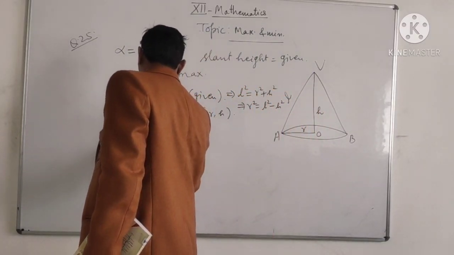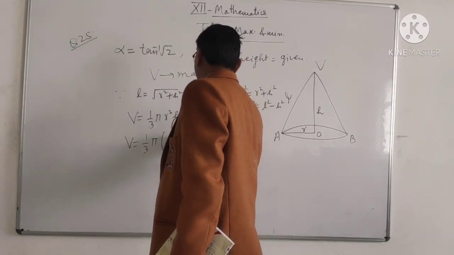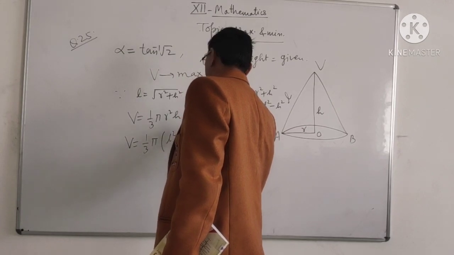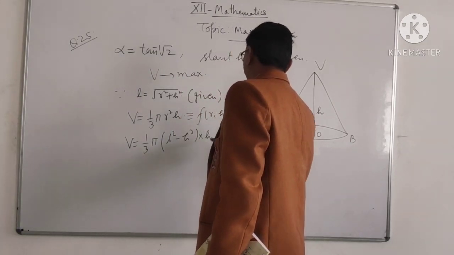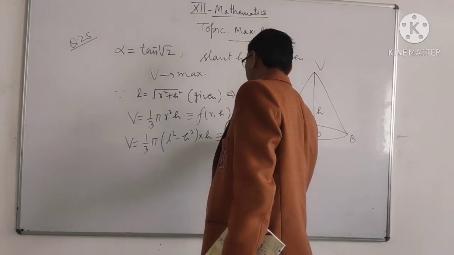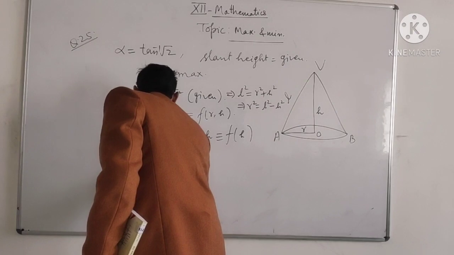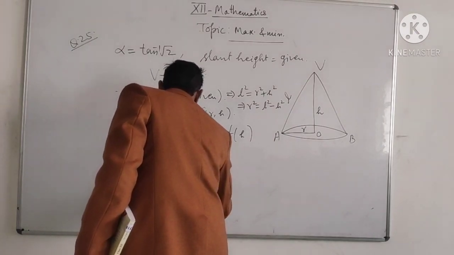Therefore, V equal to 1 upon 3 pi into L square minus H square into H. This is now a function of H. So we can write V equal to 1 upon 3 pi into L square H minus H cube.